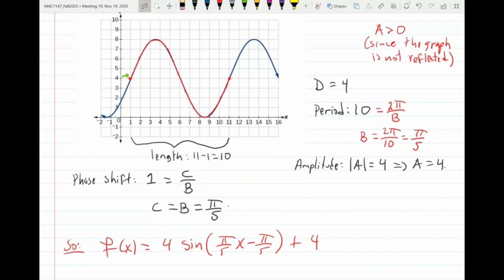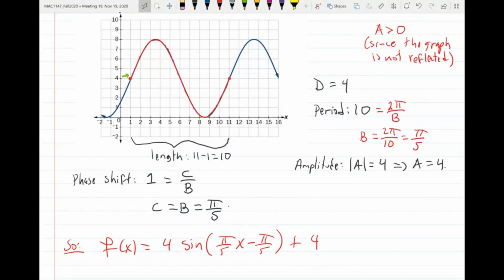So here C is pi over 5, well, that's if the shift were 2. Yes, it depends on B. Here, what we figured out is that the shift is equal to B, because since the shift is 1, then in C over B, C and B have to be equal to each other.